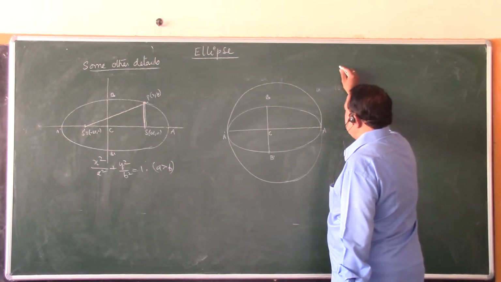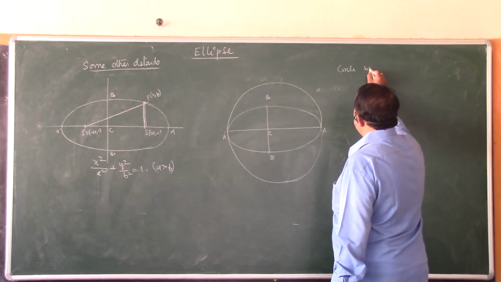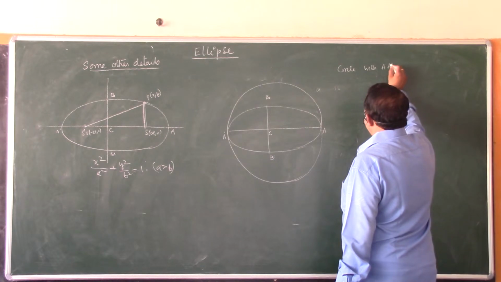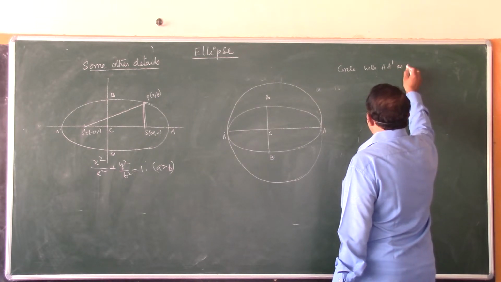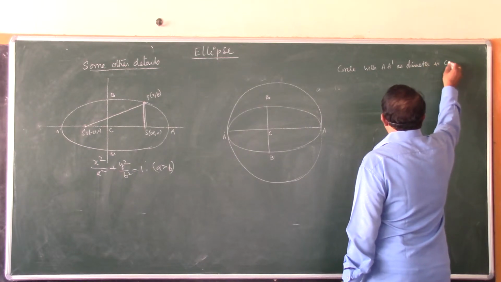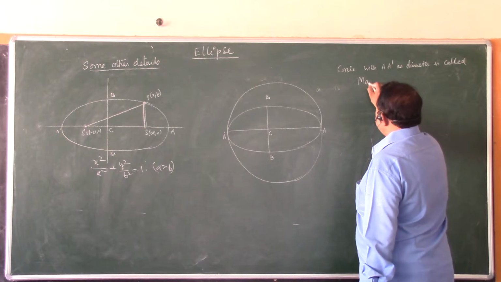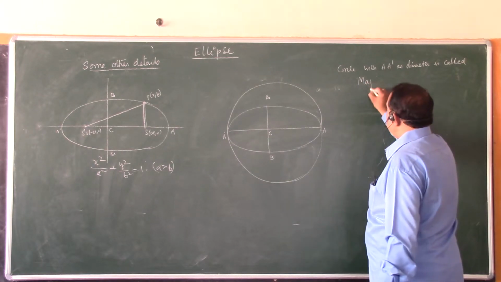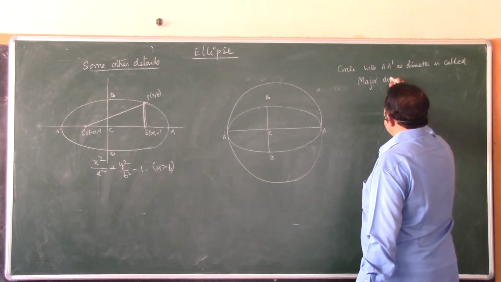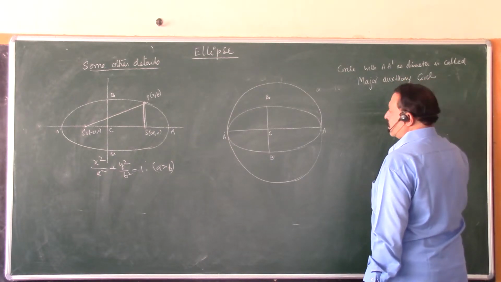Now this circle, which is described on the major axis, with AA dash as diameter, is called the major auxiliary circle.